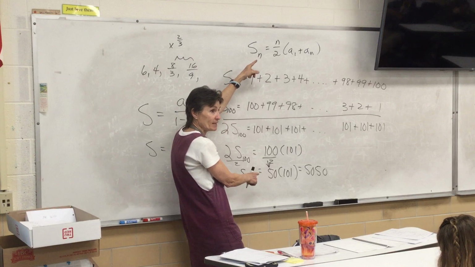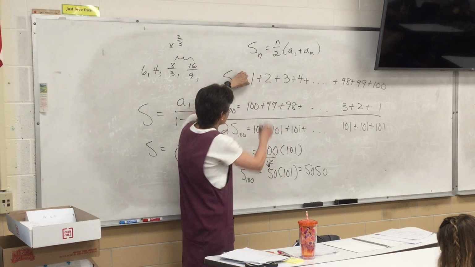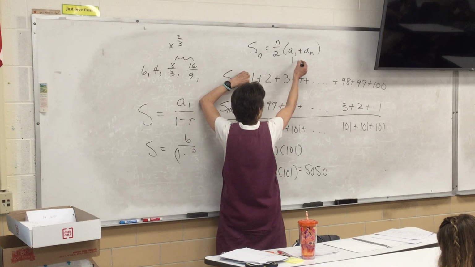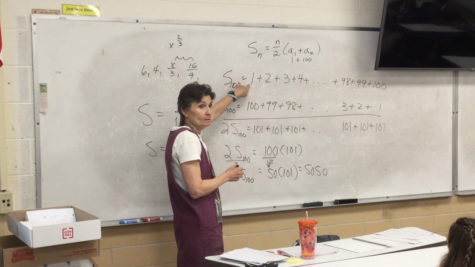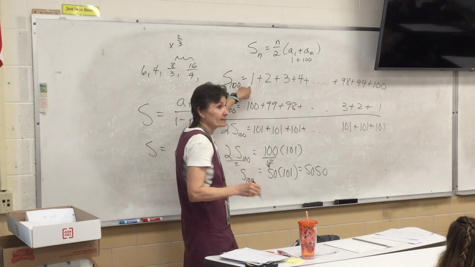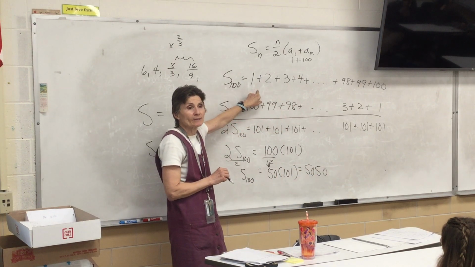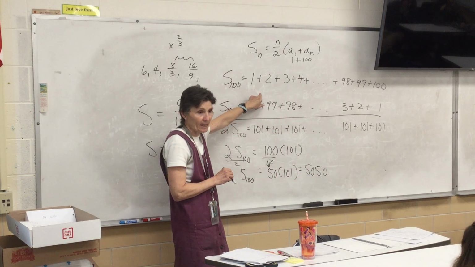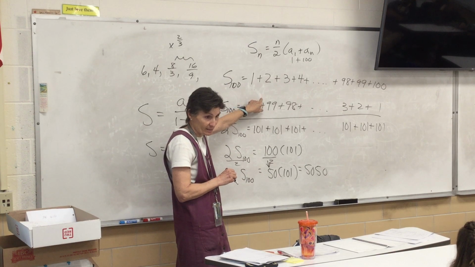That's how we got the 50. And 101 was the sum of the first term plus the last term. And he did all that in 3rd grade without being taught any of it. He just figured it out. Pretty amazing, isn't it?